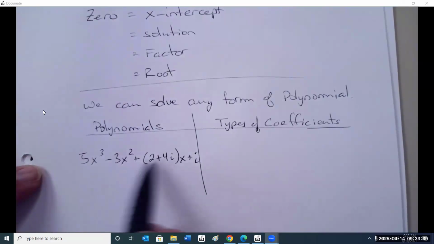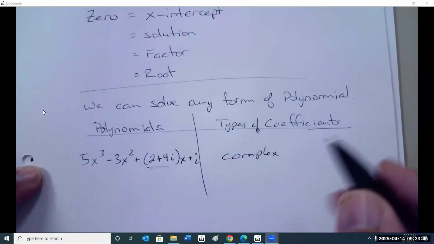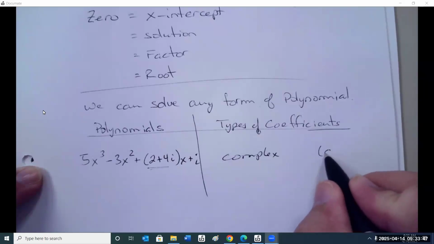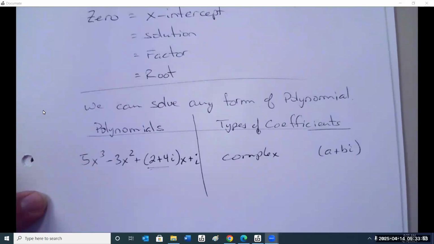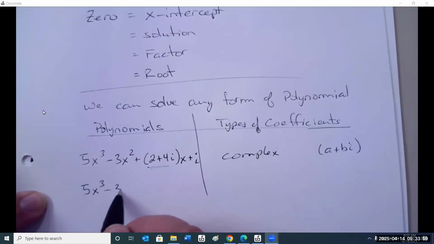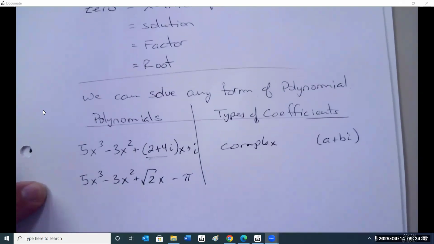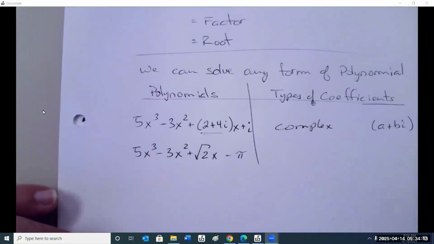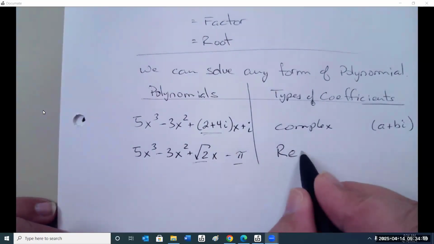So our coefficient, we can have in our polynomial a complex coefficient, which is of the form a plus bi, which means we have imaginary terms. We can have radicals. Our coefficients can be real.